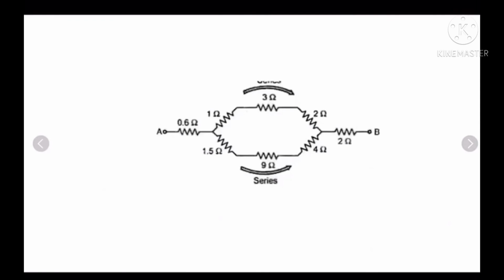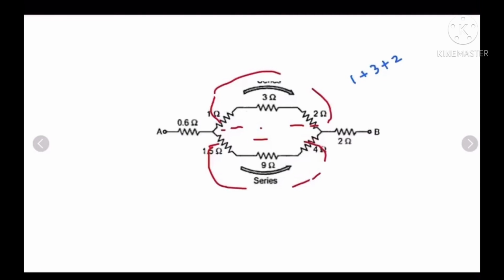Now in this circuit, we will again first see if there are any possibilities of series and parallel connection. Yes, these three are in series and even these three are in series. So we will calculate equivalent values. For the above arm it is 1, 3, 4, 2, that is 6 ohm.